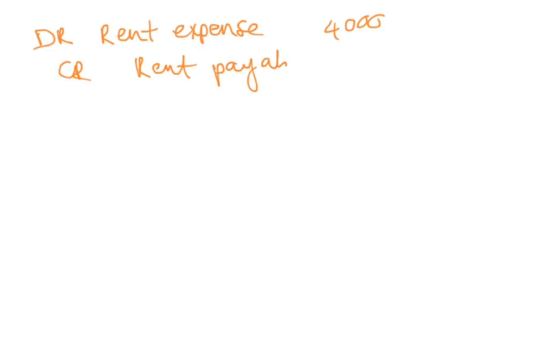So we debit your rent expense of your 4,000, and we will not credit your bank because we did not pay yet. So we will credit your rent payable. When we say payable, it means we are owing and we have to pay it, of 4,000.